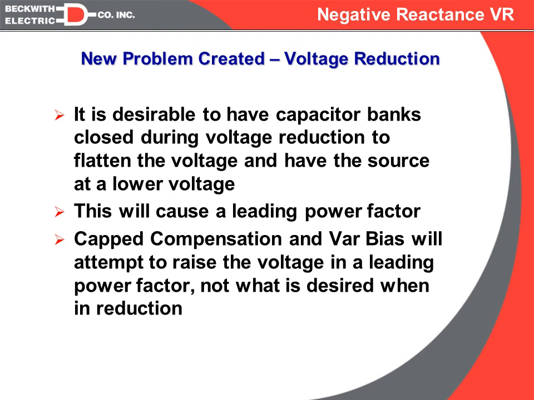But in correcting that, a new problem was introduced, and that is that in voltage reduction, the customer wants the capacitor banks to be closed so that the voltage downstream is higher than the voltage at the source, therefore allowing a flat profile and allowing the source voltage to be lowered much more than it could be without the capacitor banks. But in this mode, we will have a leading power factor.